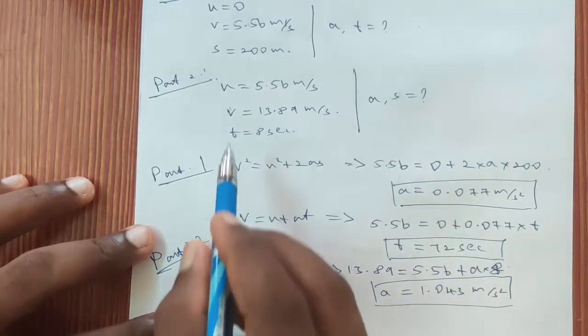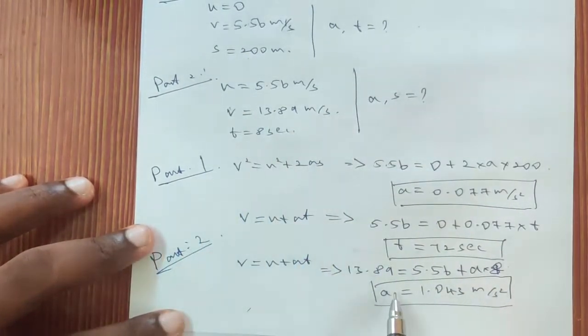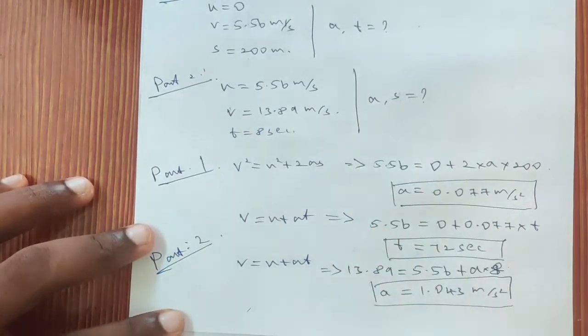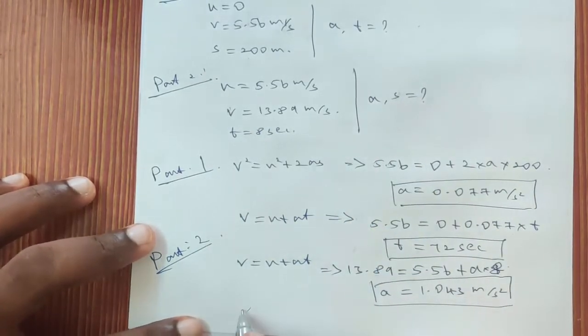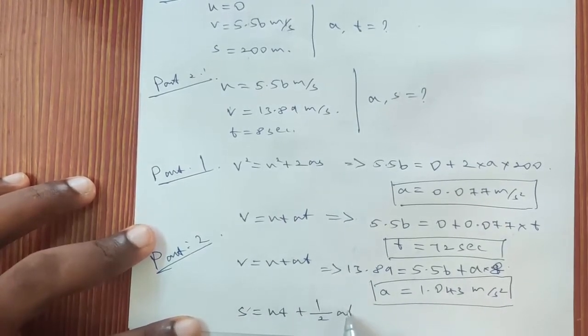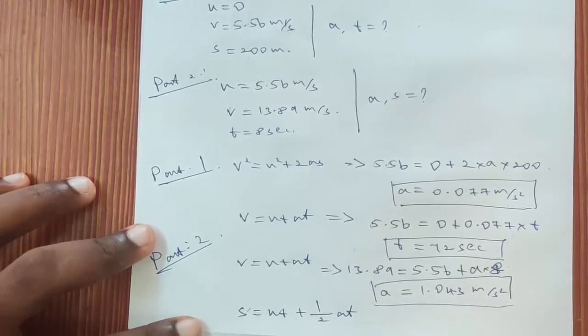So now we have u, v, t and a. We have to calculate the value of s. We can use the second equation, that is s is equal to ut plus half at squared. s is the only unknown value.